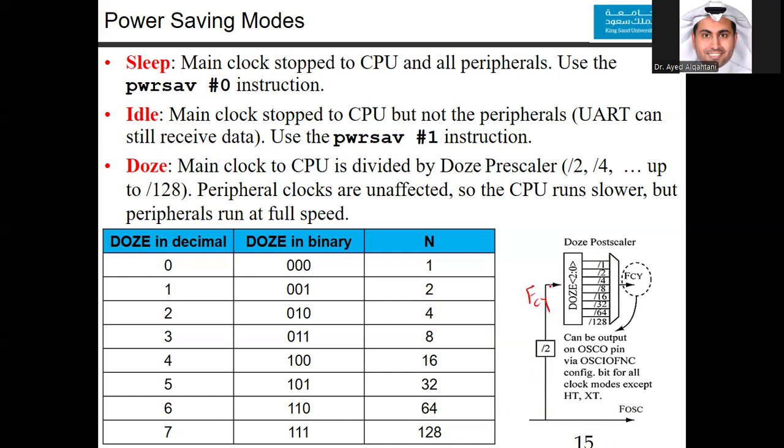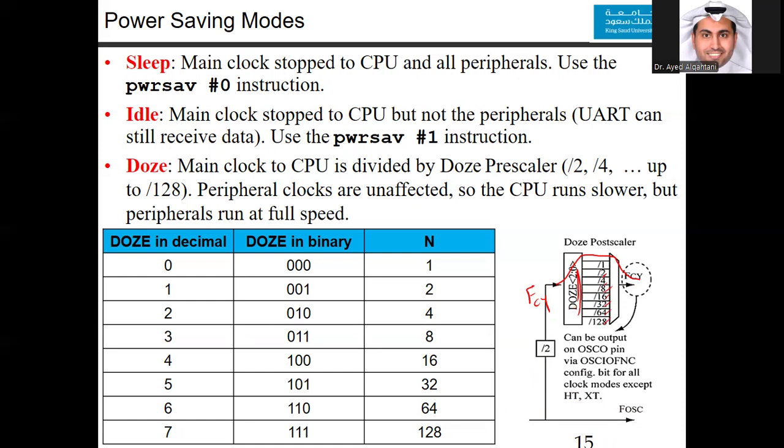So either you have it the same, going through 1, or divided by 2, 4, 8, 16, 32, 64, and 128. How to specify the division? You specify it by assigning its DOZE bits.